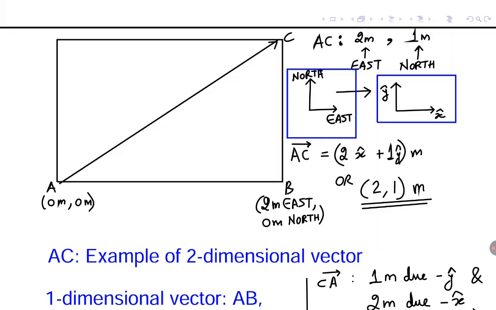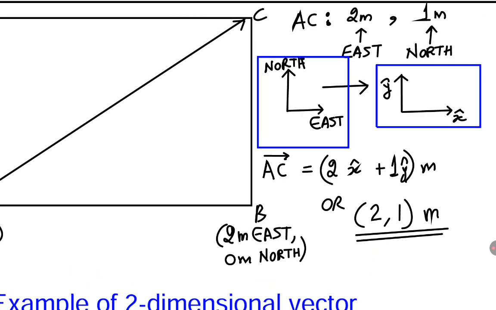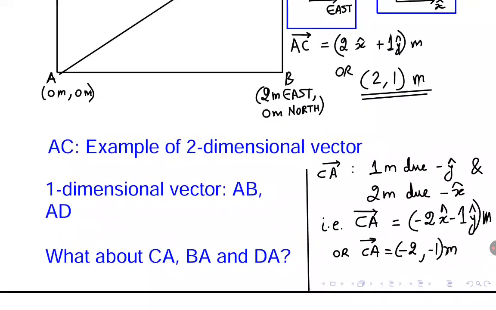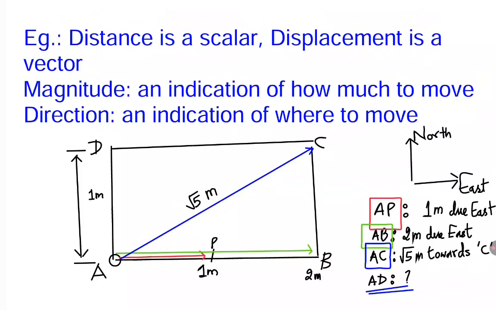So basically we have now specified what our vector AC is. It has two quantities, 2 along x cap direction and 1 along y cap direction. So it is an example of a two-dimensional vector, and as I have already said, one-dimensional vectors are AB and AD.